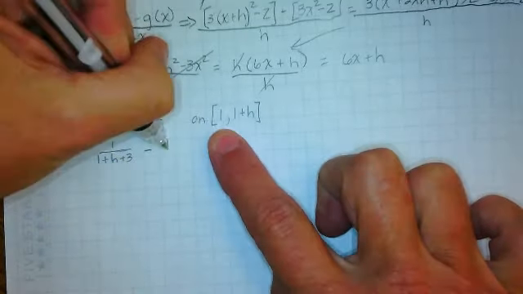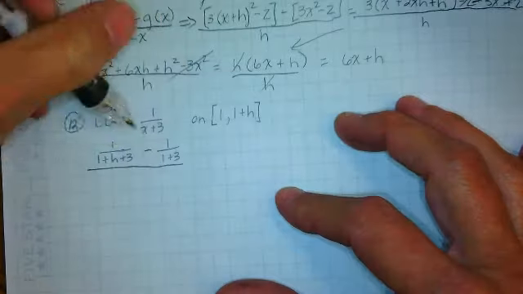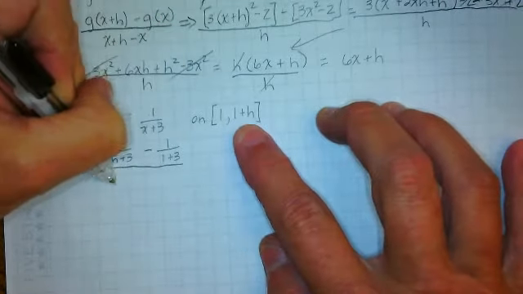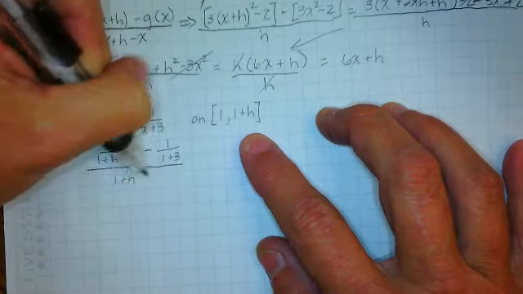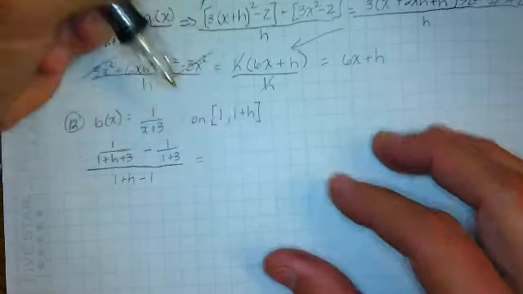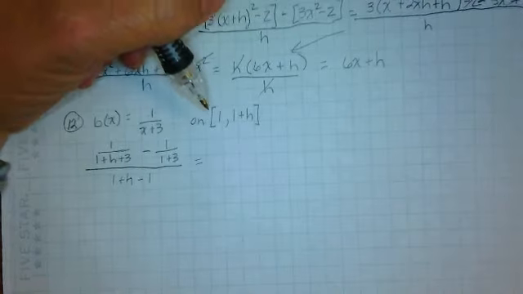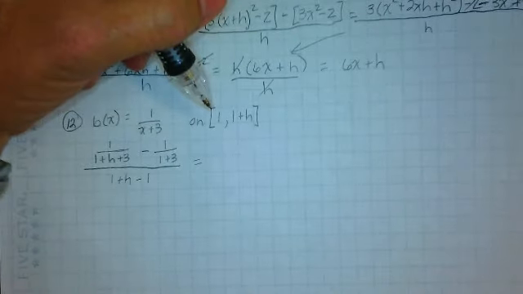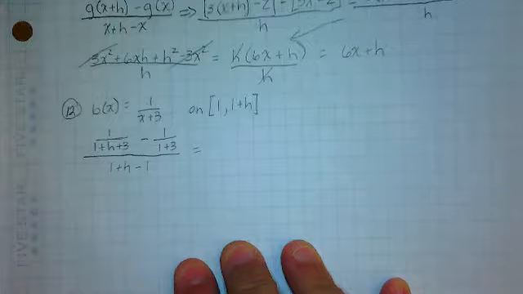And I've got a plus 3. Don't forget him. Minus what I get when I just put a 1 in here. 1, I better write it down. 1 plus 3. Over my second value minus my first value, 1 plus h minus 1.